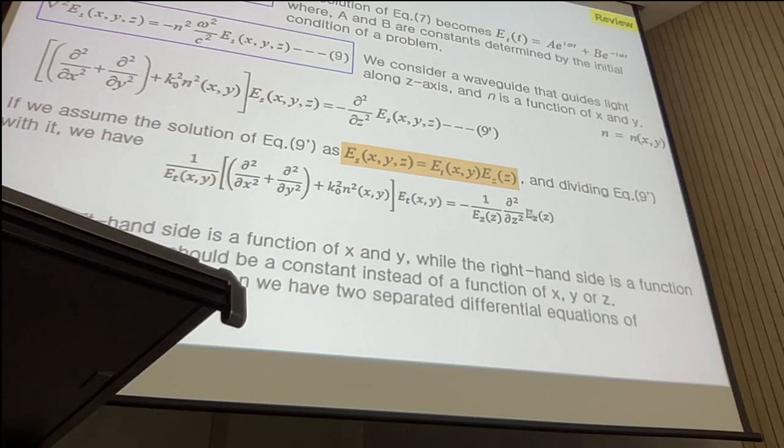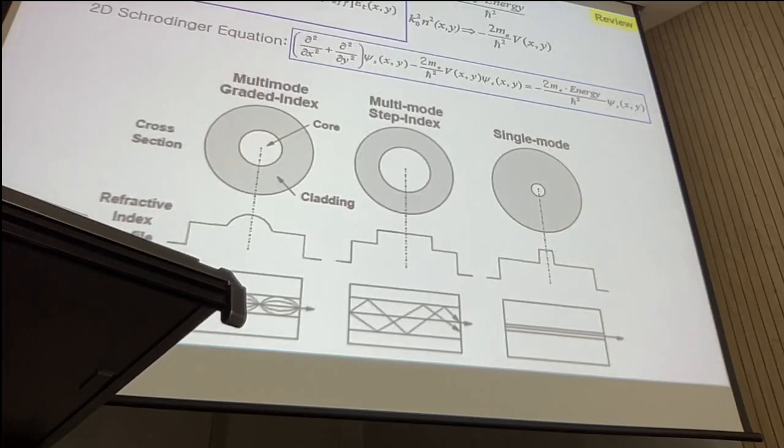So it splits into two differential equations. The first one is the second order derivative of Ez becomes k effective square, a constant, times itself, so this becomes a sinusoidal function.